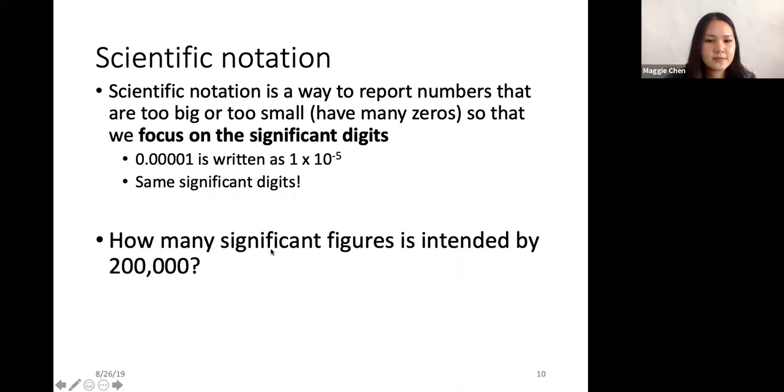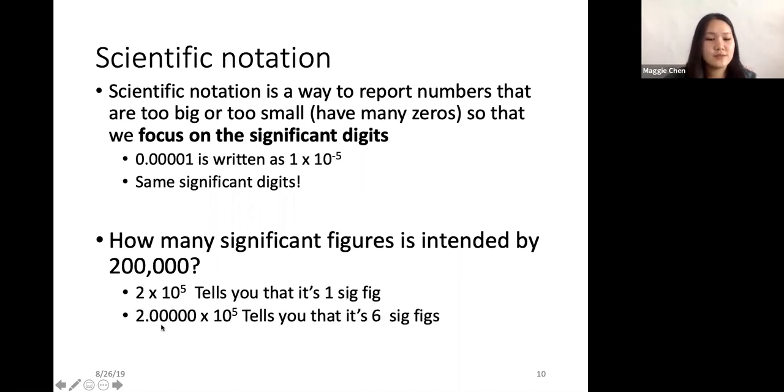So how many significant figures is intended by 200,000? It depends on how you rewrite it in scientific notation. 2 times 10 to the 5 tells you that there's only one significant figure. 2.00000 times 10 to the 5 tells you that there's 6 significant figures.